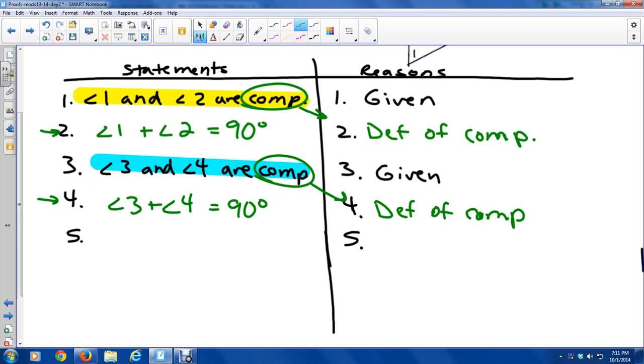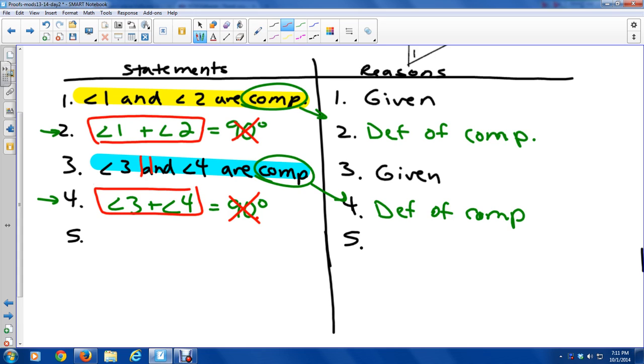Now if we have 2 quantities equal to the same third quantity, and you're probably seeing that right here, 90 degrees, 90 degrees, we kind of want to cross those off, and we can then say that the 2 quantities are also equal since my 90 degrees are equal. So my new equation becomes angle 1 plus angle 2 is equal to angle 3 plus angle 4. You should be recognizing that as one of your properties.